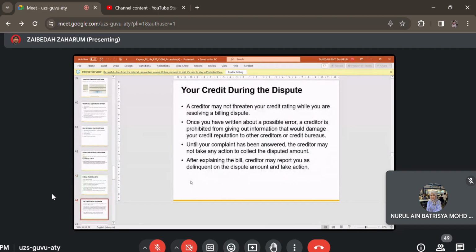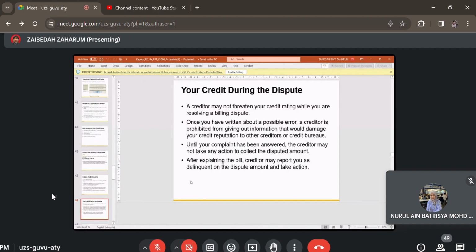Your credit during the dispute: a creditor may not threaten your credit rating while you are resolving a billing dispute. Sekiranya berlaku kesilapan ke ataupun something yang aneh dalam you punya billing, maknanya creditor cannot do anything on your credit rating.